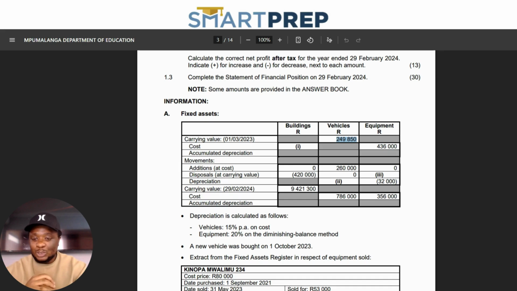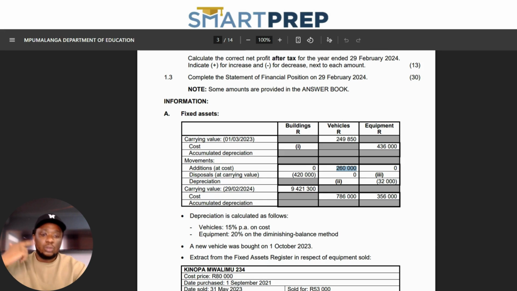So the way in which we would do this, well, we have the cost at the end, right? And then we know that the cost at the end includes the vehicles that we bought during the current year.